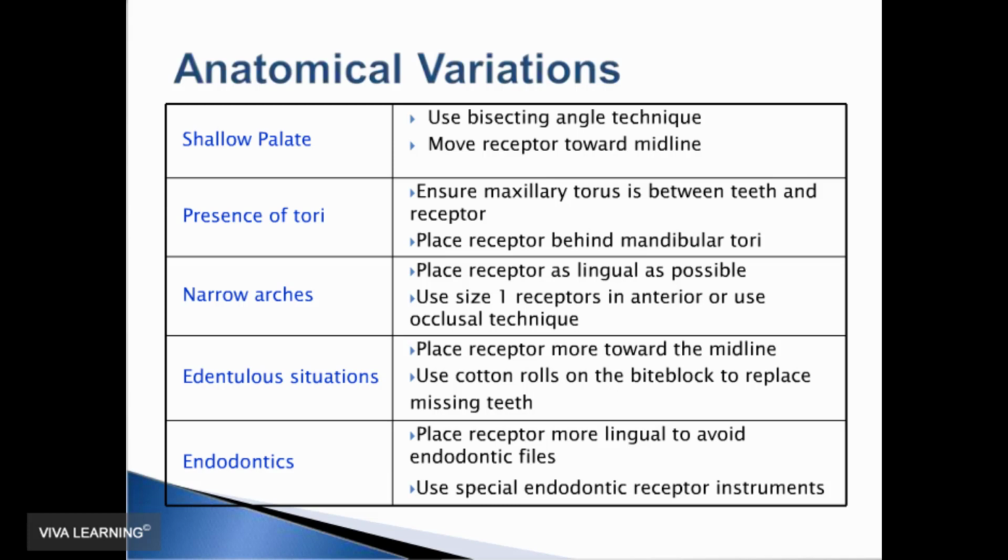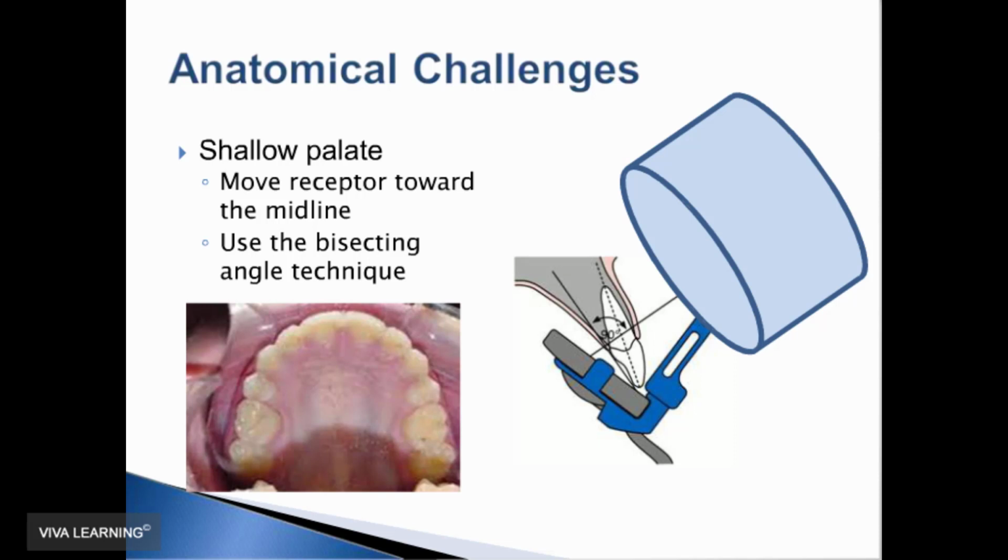Endodontic imaging is always very challenging for clinicians to work around files as well as the rubber dam. There are special endodontic receptor instruments that will allow the patient to bite but leave the mouth open wide enough that it won't disturb the files in the teeth.